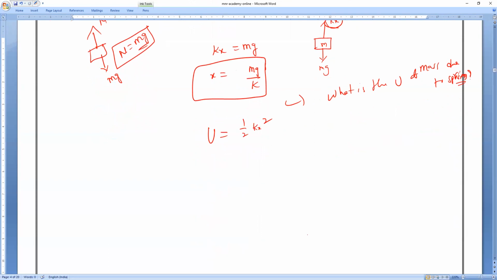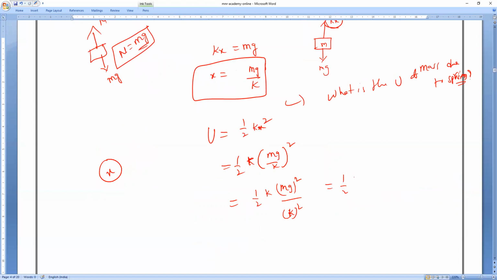So now tell me, everybody: half into k, and the x value is mg by k, whole square. Am I right, guys? So half into mg whole square divided by k square.